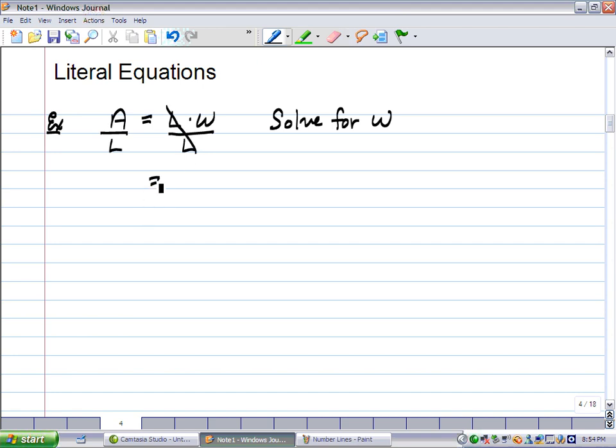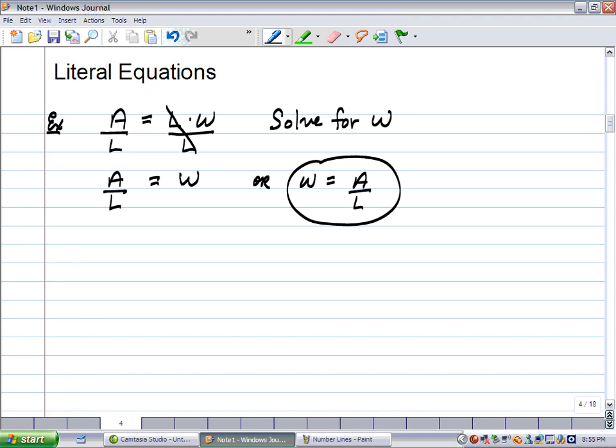The L's will cancel because that's 1, and 1 times W is 1. So it would be the same as W is A over L, or I could write it with the W on the left now. And now I could put in several values for A and L and just divide and get the W very quickly. So my answer to this is actually an equation. W equals A over L.